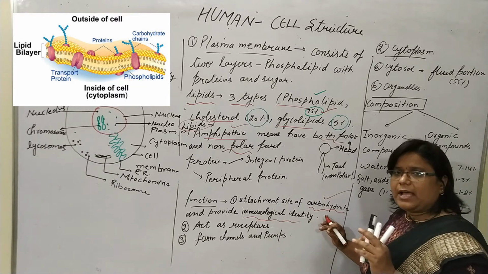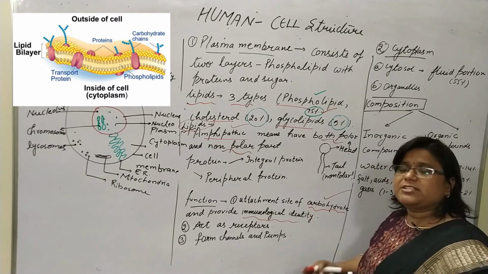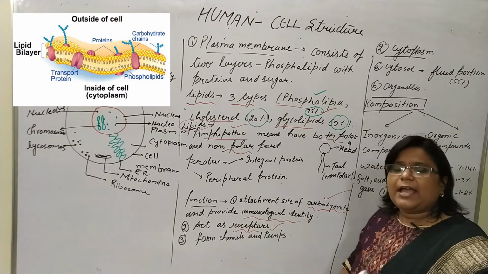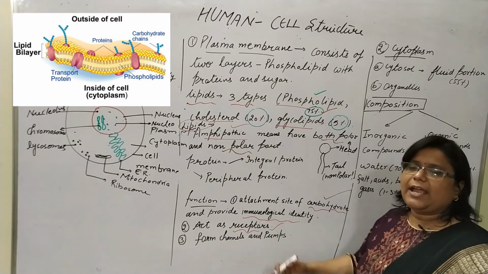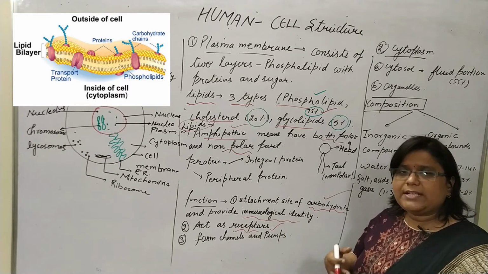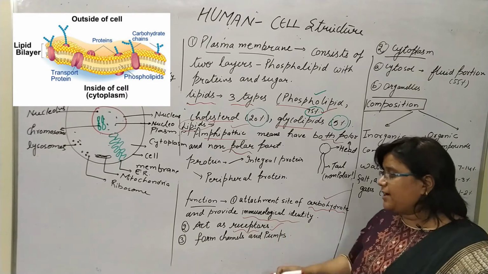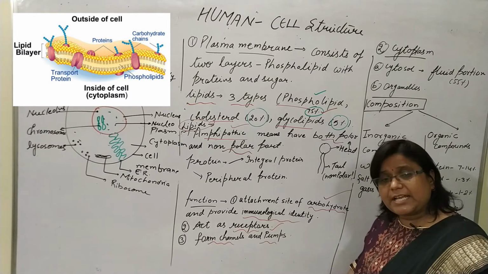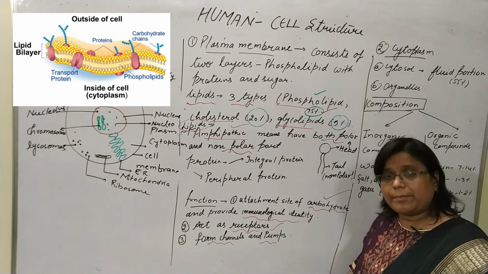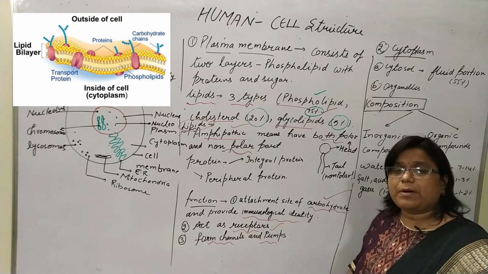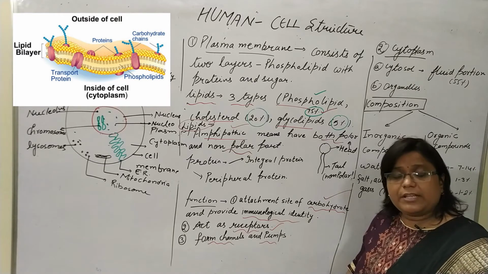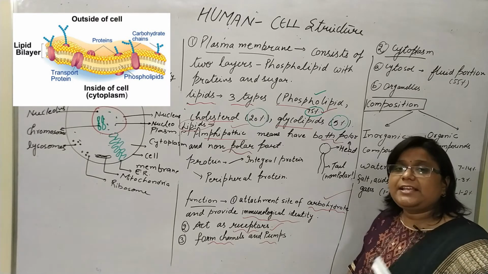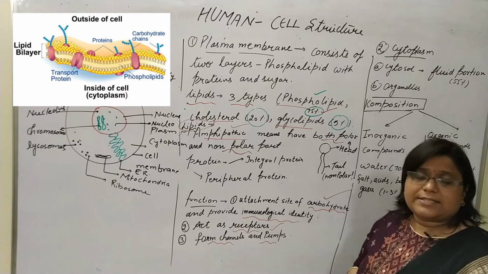Second, these proteins act as receptors, and they act as enzymes also. They form particular channels, and pumps like the sodium potassium pump, and with the help of these channels and pumps, different types of compounds and ions can easily go through the cell membrane.